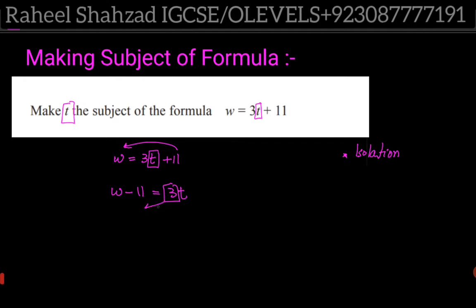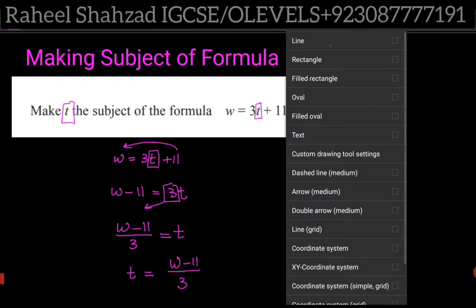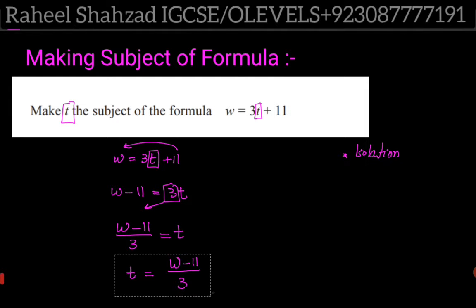We're going to take this 3 over there. So w minus 11 divided by 3 is equal to t. So we would say, okay, t is equal to w minus 11 divided by 3. Now in this case we have made t the subject of the formula.